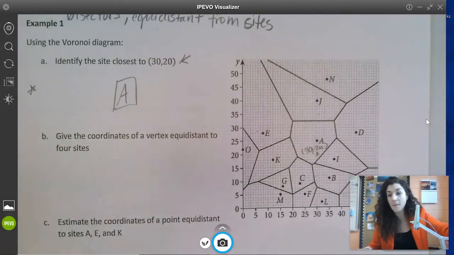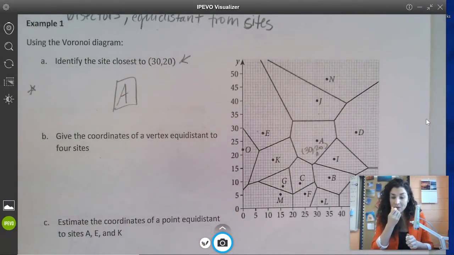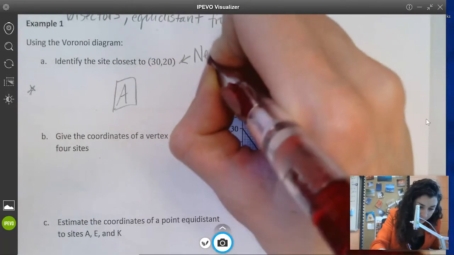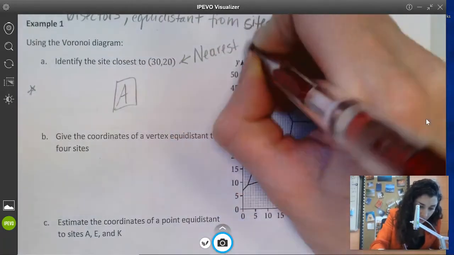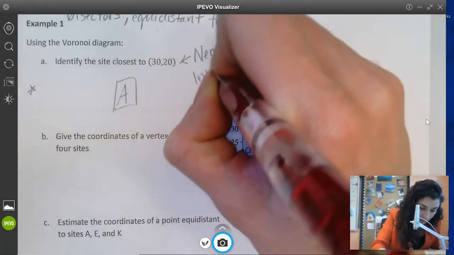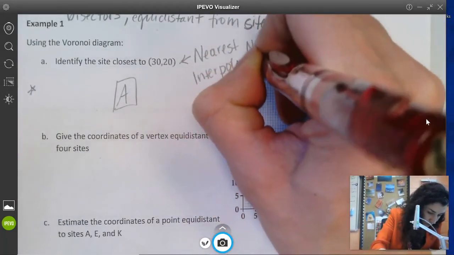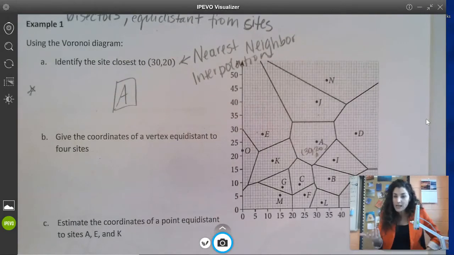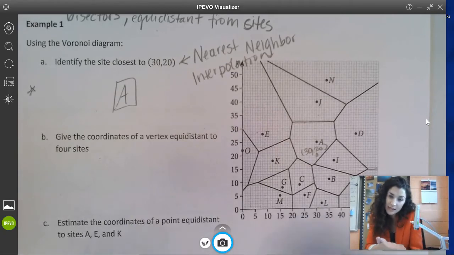This ability to find those values is called your nearest neighbor interpolation. Kind of a strange phrase for just saying, we take the nearest neighbor and we say our value is the thing that is closest to us.